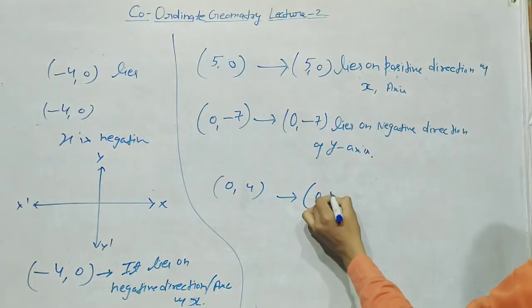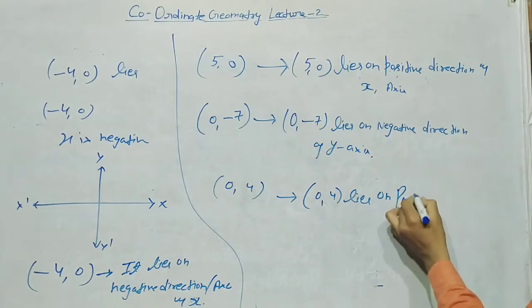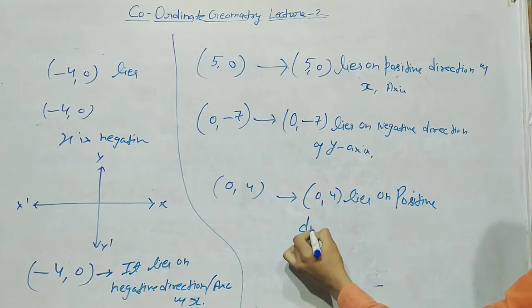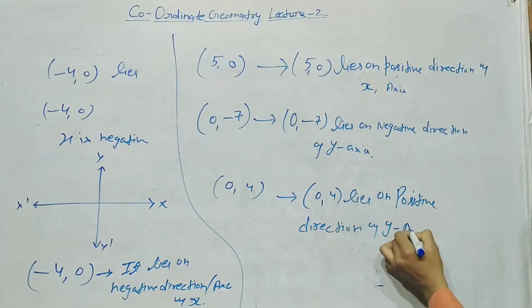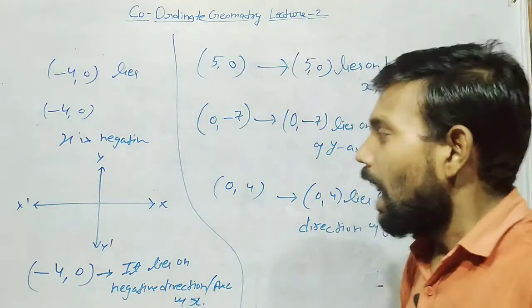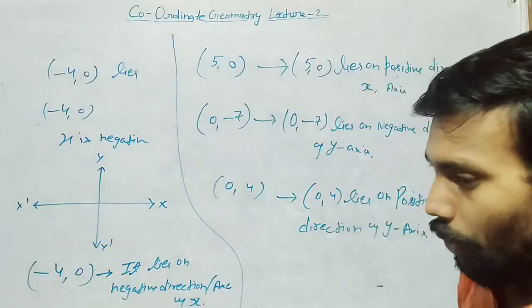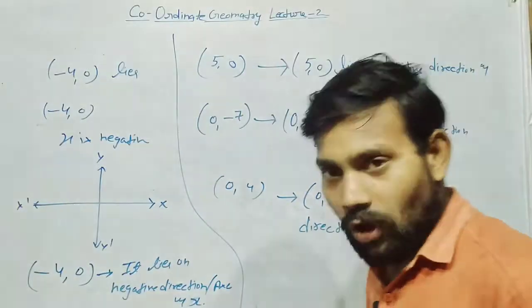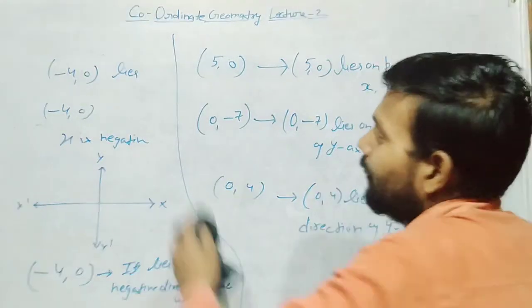So (0, 4) lies on the positive direction of the y axis. It is clear that we can identify all types of given points. Now we can solve some questions related to these topics. Let's start.